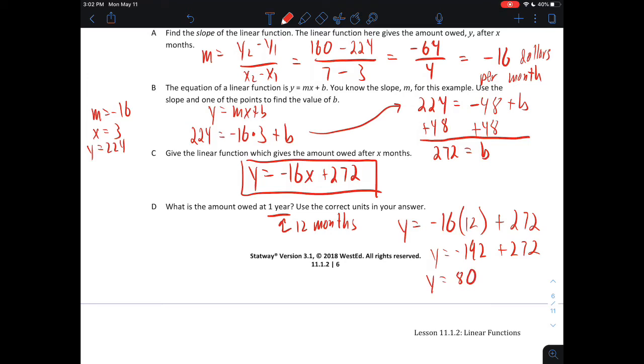So the way to write your answer is, what's the amount owed at 1 year? $80 is owed. It doesn't do any good to go up to somebody and say, y equals 80. It does make sense if you go up and say, $80 is owed. That makes sense.